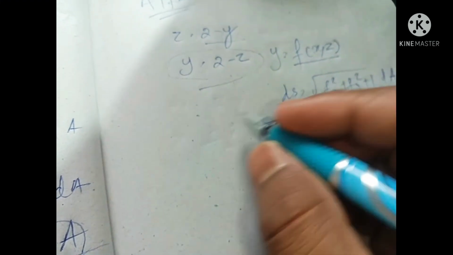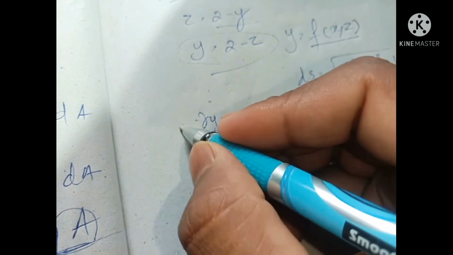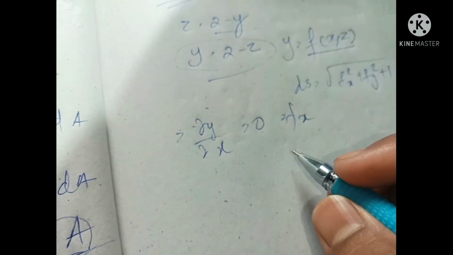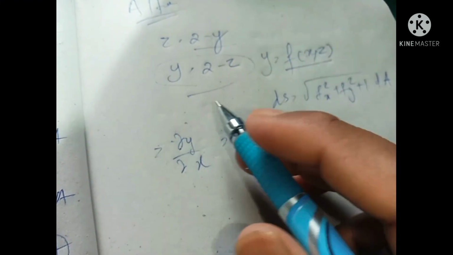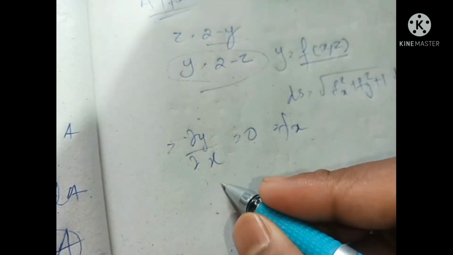Here dy by dx equals 0, so fx equals 0, and now we find dy by dz.